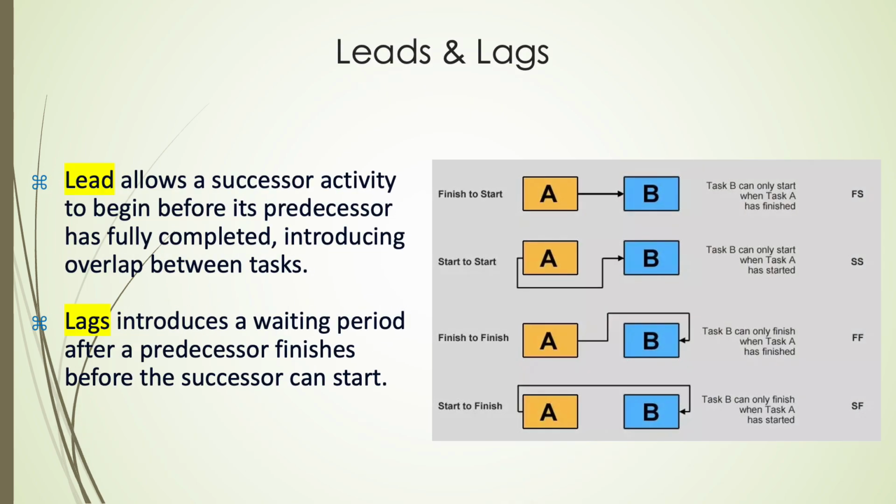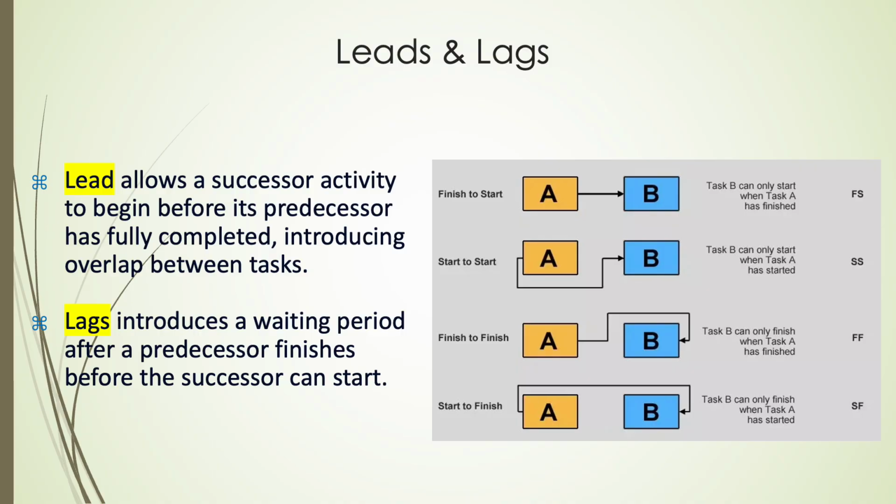Precedence diagramming method is a key project management tool used to sequence activities by defining logical relationships between them. PDM identifies 4 types of dependencies: finish to start, where the next activity cannot begin until the previous one has finished. Start to start, where the next activity cannot begin until the previous one has started.